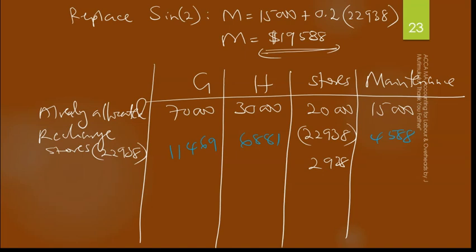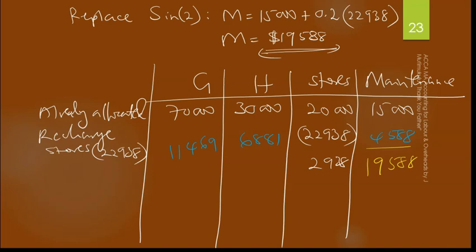Now we need to reapportion, to recharge the maintenance department. All right, but how do we do that? We then have to add up here. We get 19,588.